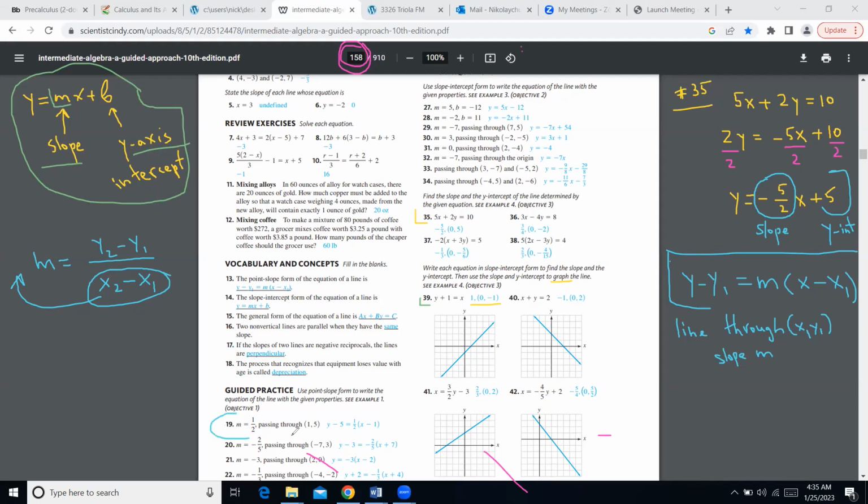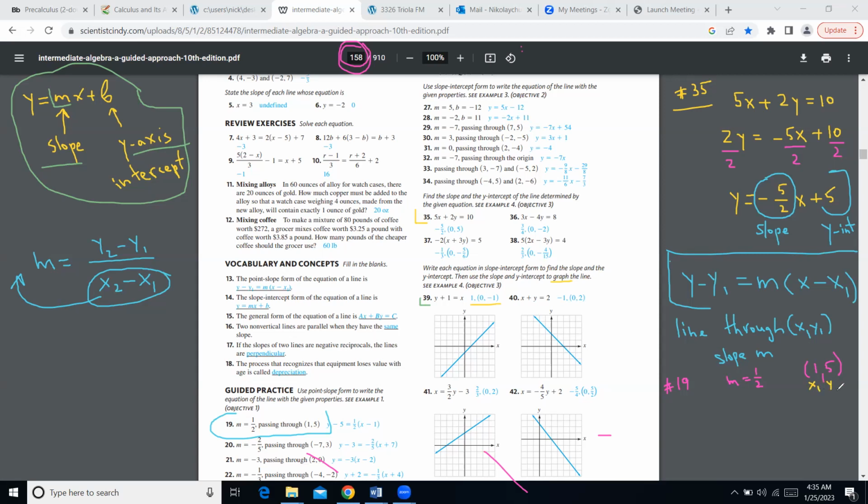So let me do one exercise here, like problem number 19, to show that whenever you have a formula, all that is needed is to replace letters with numbers in that particular formula. So they tell us slope is 1/2 and the point is (1, 5). So the point will always be treated as (x1, y1).